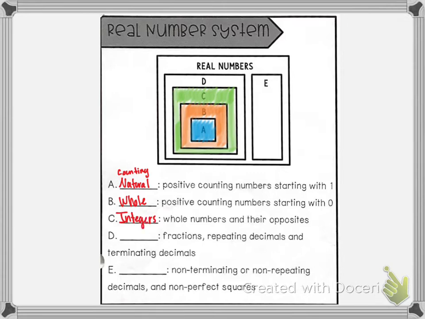So that means whole numbers are integers, natural numbers are integers, but not all integers are whole numbers, right? And same thing, not all integers are natural numbers. You can go the other way, but not forwards, right?